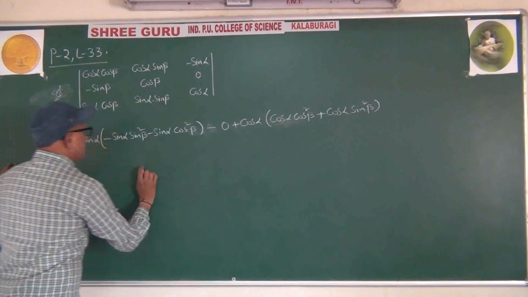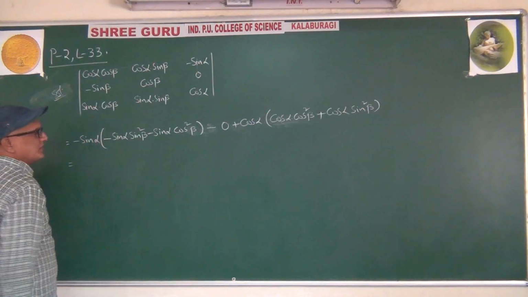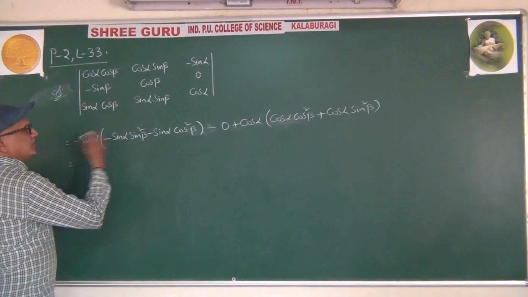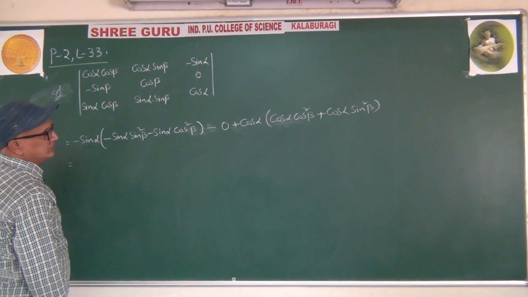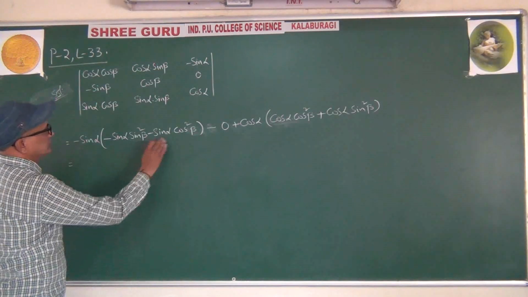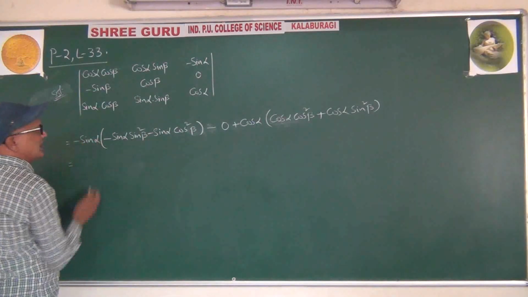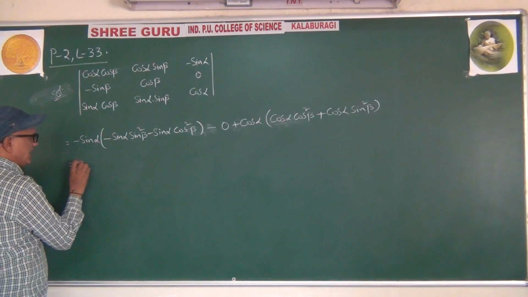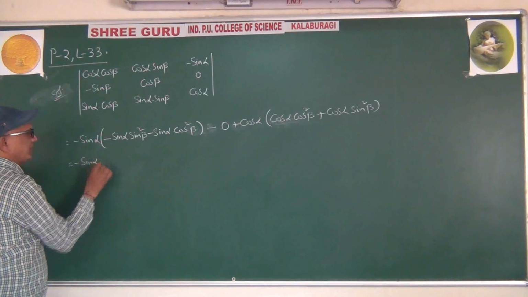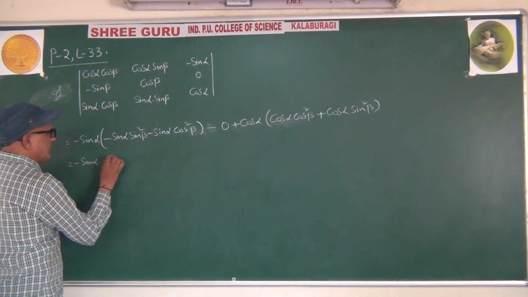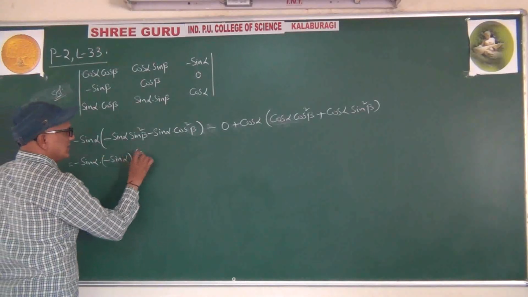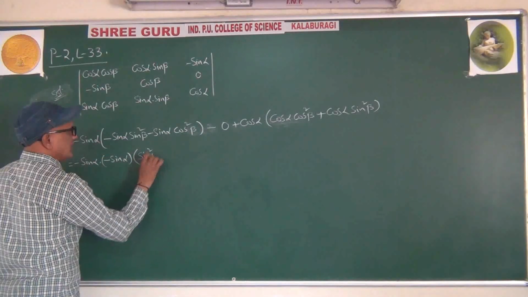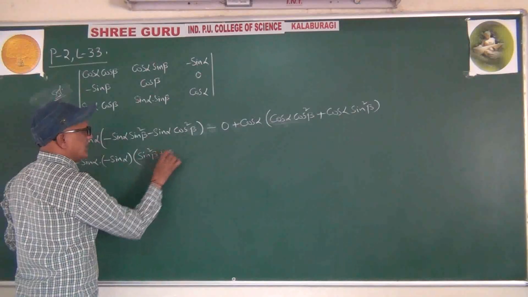Appearance is big, simplification is small. Multiply with this. Otherwise, take minus sin alpha common. Minus sin alpha is here, into sin square beta plus cos square beta.